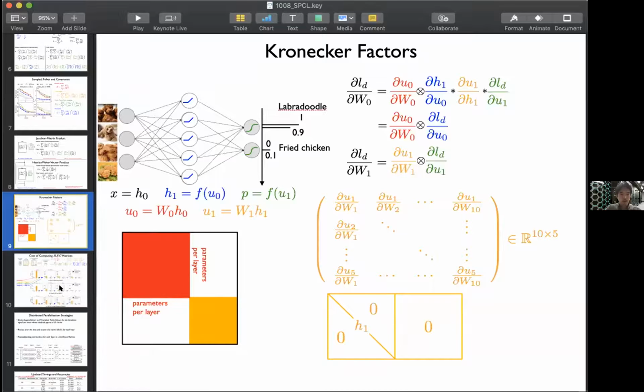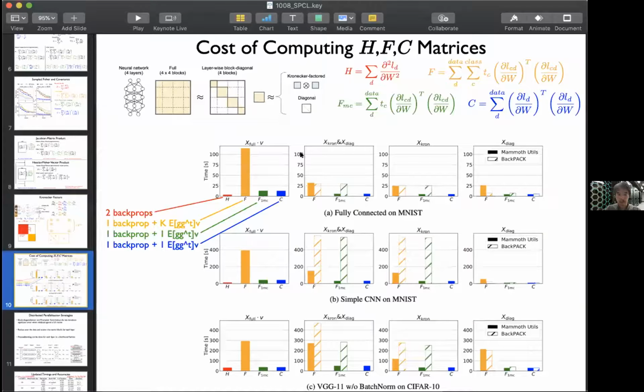Okay, so with that described, we can start looking at, for example, the costs of the backprops. Basically, this one is computing the matrix vector product where it says x times v. And these are computing the actual matrices themselves, but with the Kronecker factorization and diagonalization. And this f, the cost is huge because it has to loop over the number of classes, right? So it has a lot of backprops, and that's why it's expensive.